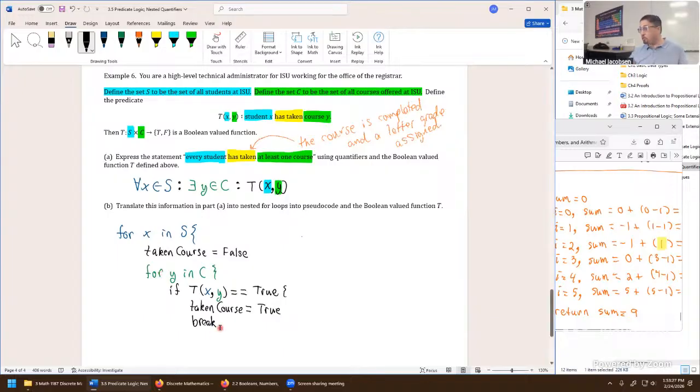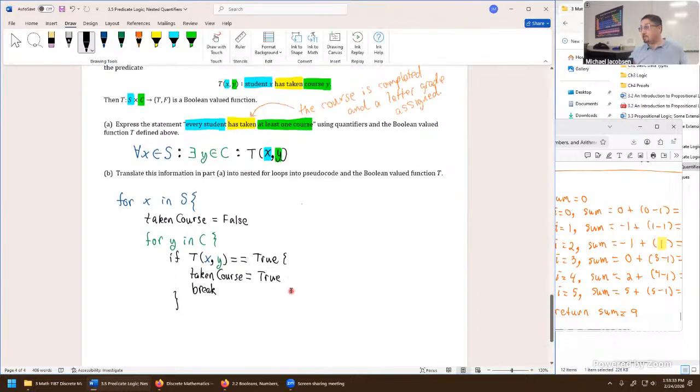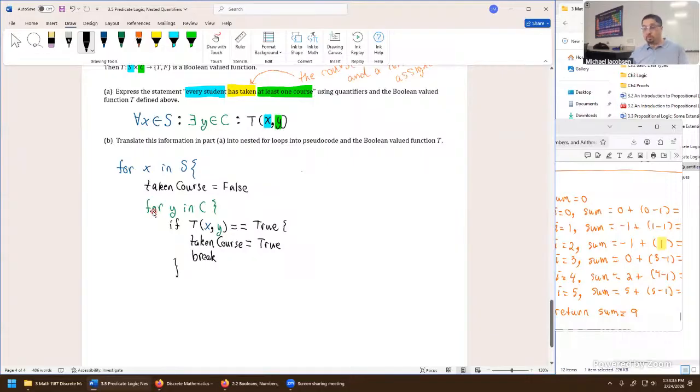So after breaking out of the for loop, I'm really done with the if statement, so I'm going to close the if statement here. We're done with this for loop, so I want to close this original for loop right here. But we're not done with the outer statement. There's still more we have to do.